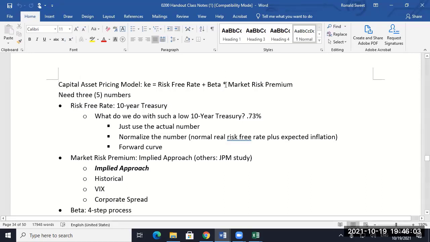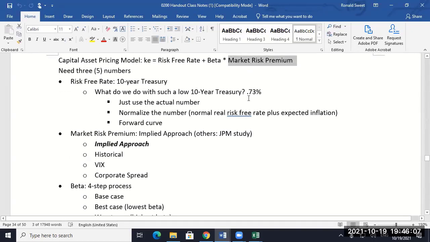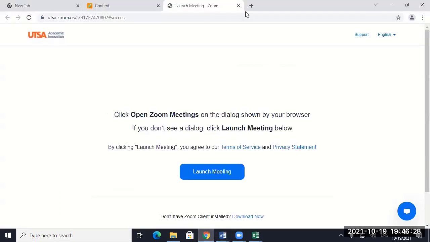Now, I know some of y'all have done Damodaran. There are other risk premiums, small cap, international. If you have a small company and you want to make the small cap adjustment, that's fine, but I'm not actually asking you to do that. Most of your firms are large enough and they're US, so we don't need to make that extra adjustment. But the wonderful thing about Damodaran is he shares everything.